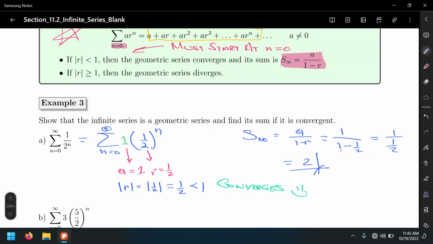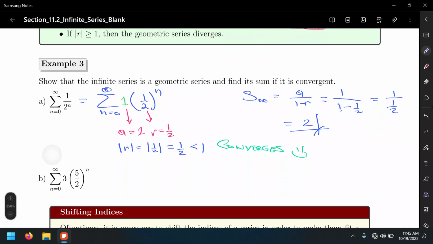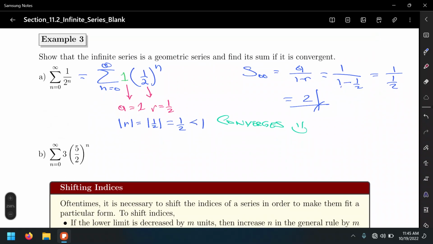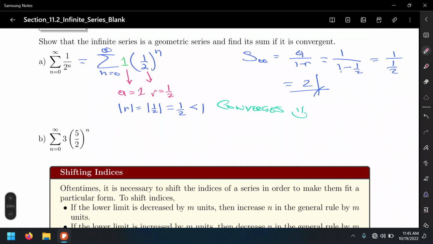Let's do one more. One more, I'll tell you a joke, and then we call it a day. Alright? So, letter B. We have a series here, a geometric series, and we can tell by the form. In fact, for this one, we don't have to do anything about it because we can tell right away what our a is, which is 3, and we can tell what our r is, which is 5 over 2.